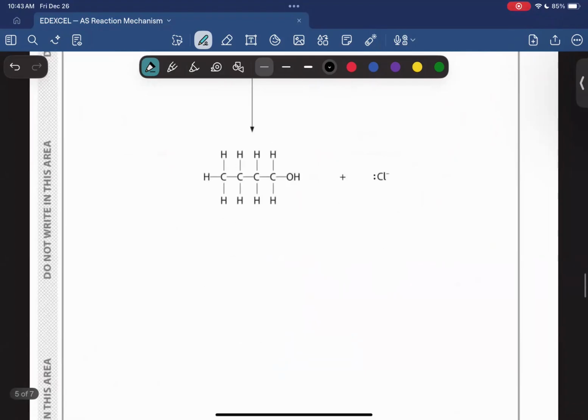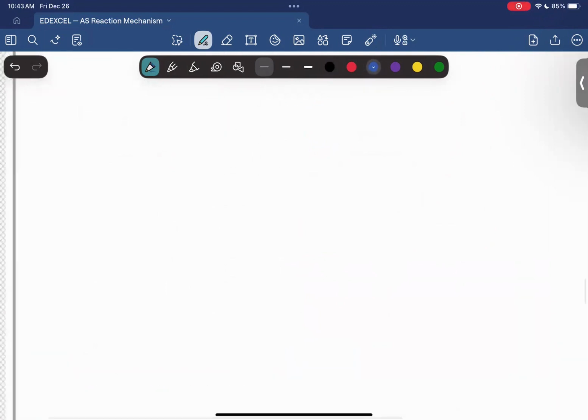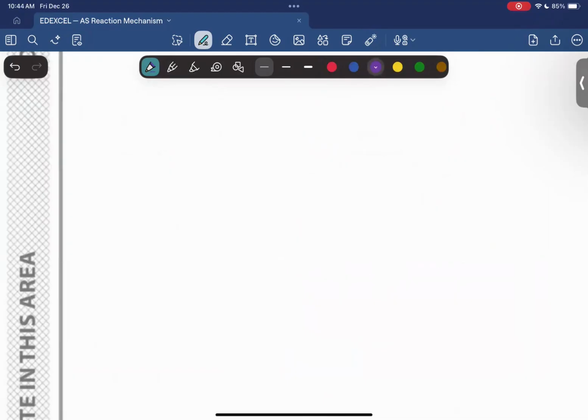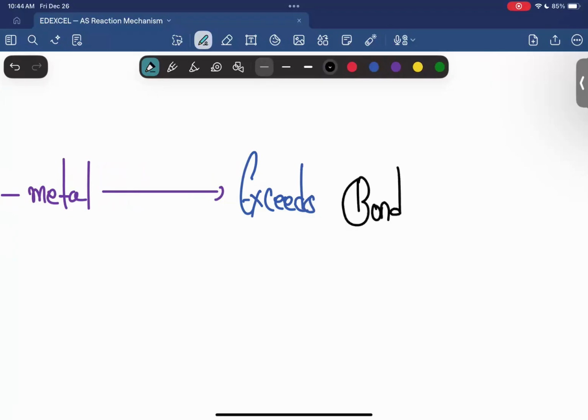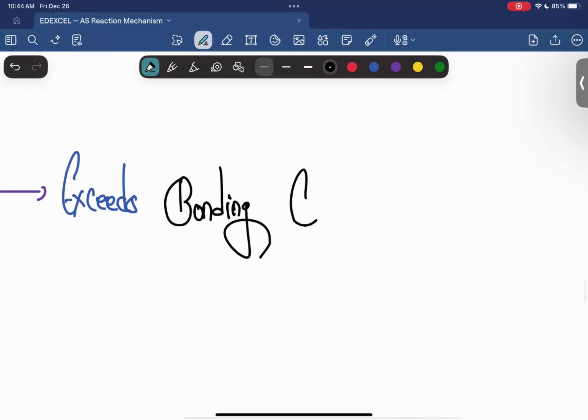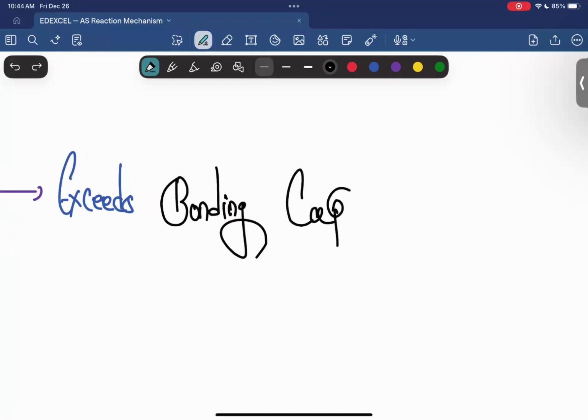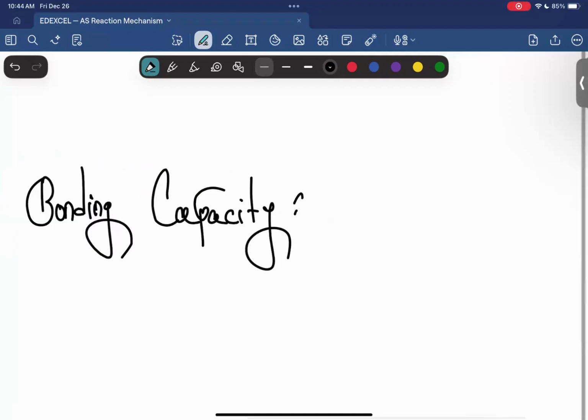Okay, let me just tell you something. When a non-metal exceeds the bonding capacity, it forms plus.